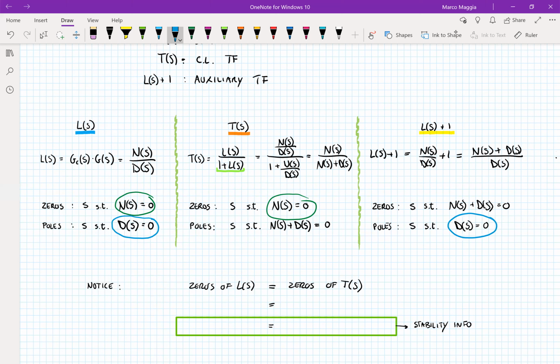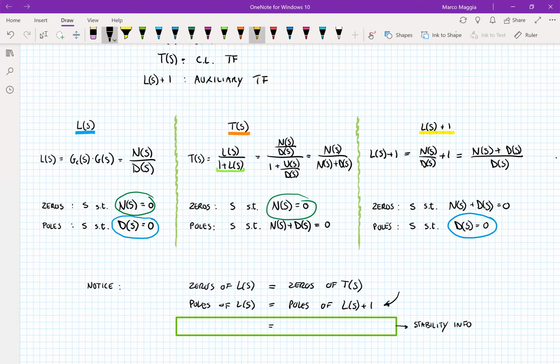That's not really obvious, is it? But that's the truth. So we have that the poles of L of S are equal to the poles of L of S plus 1. This is going to be clear a little bit later, but don't forget about this second piece of information.